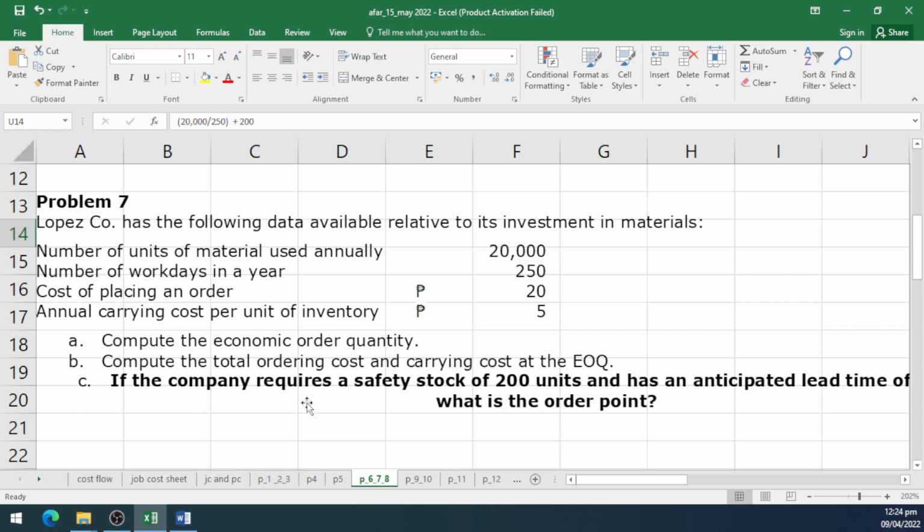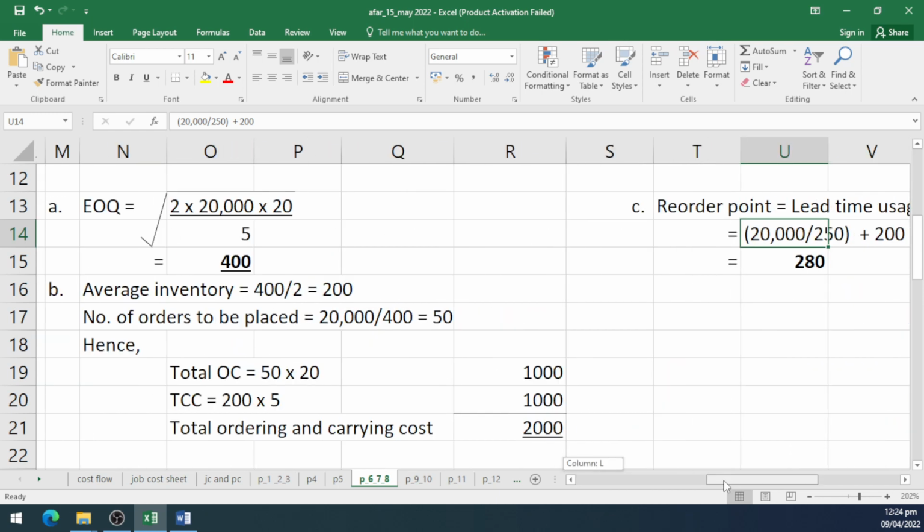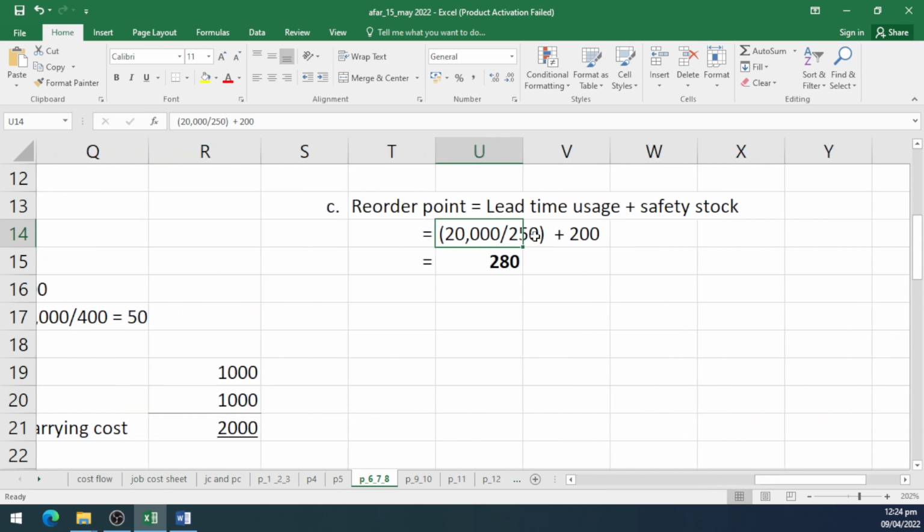The number of work days in a year is 250. Kaya 20,000 divided by 250, that's the daily usage, ano? Times natin dyan yung 5 days, kasi 5 days yung lead time.